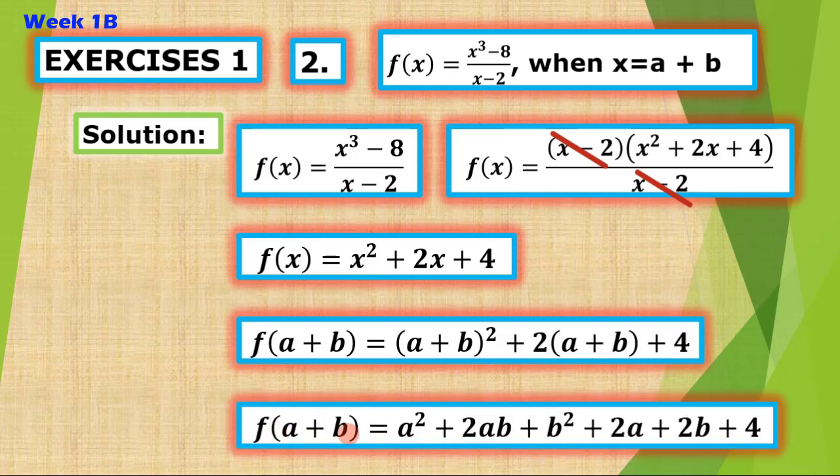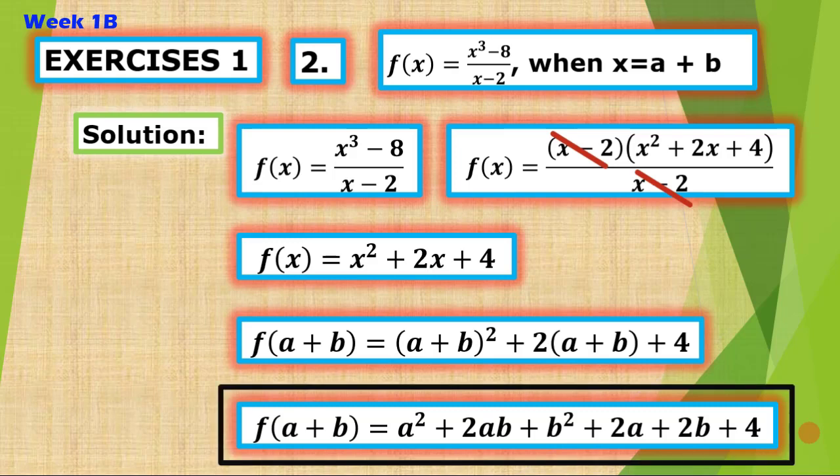Simplifying, this expression here is the square of the sum of a and b, so the expansion is a squared plus 2 times a times b, or 2ab, plus the square of b, or b squared. Then we have to distribute 2 in this quantity a plus b. So we have 2a plus 2b, and we copy the constant term. So we have now the function evaluated at x equals a plus b.